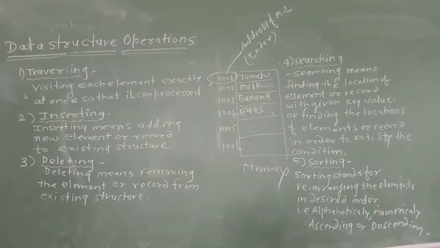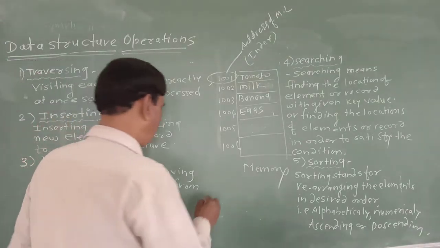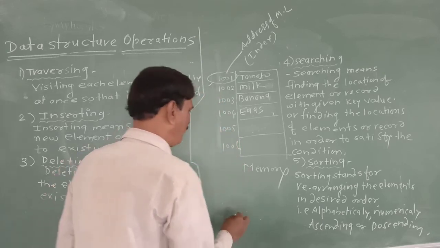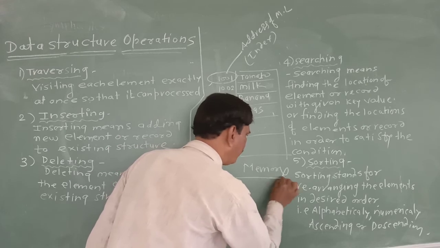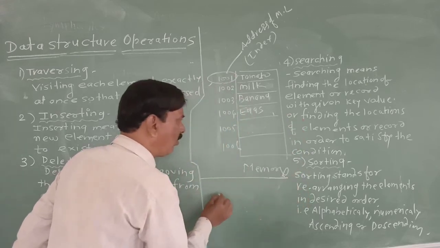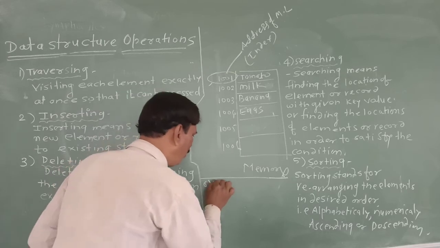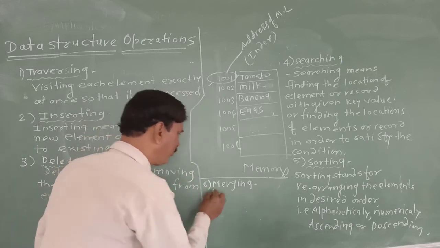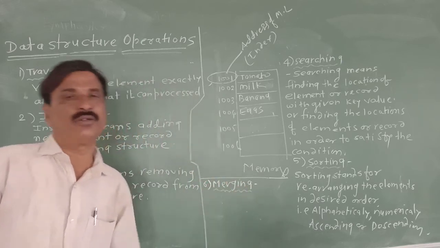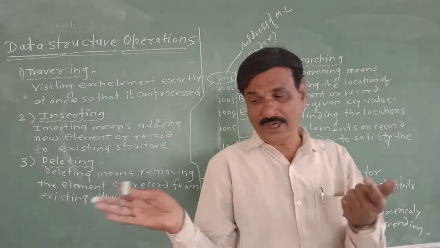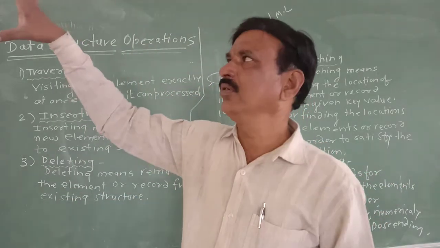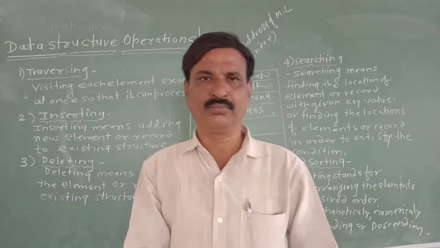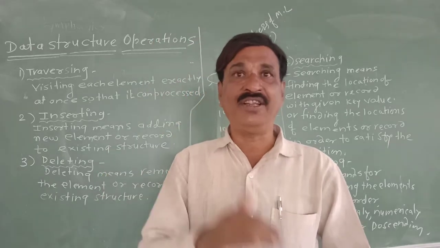Now one more operation is there. Here we will write operation number 6, merging. What is merging? Now again take the example of the student list. Suppose there are two lists which are already sorted by their merit, by their percentage.